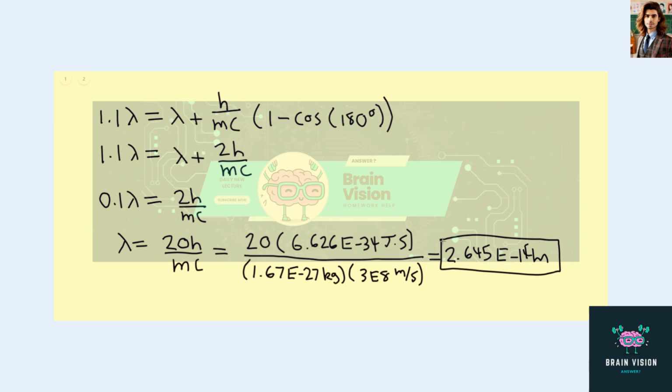So if you've done any of the other problems in this chapter, you'll notice that most wavelengths are usually on the order of 10 to the negative 12 meters, or picometers. This is significantly smaller than that. So this corresponds to an extremely small wavelength, thus extremely large energy.